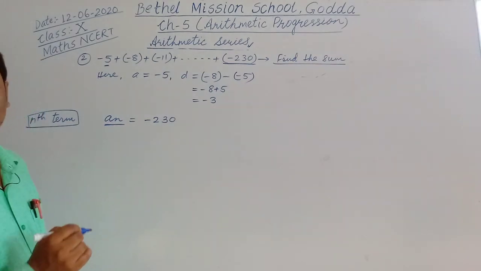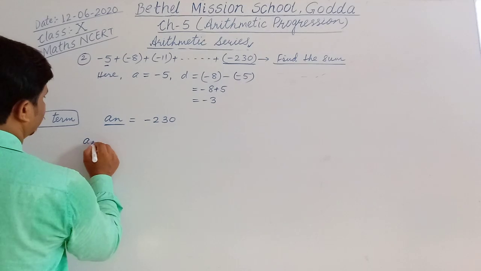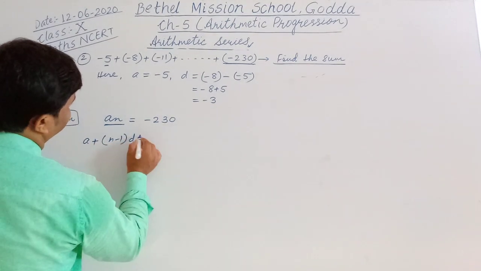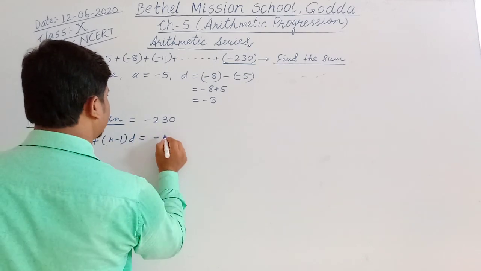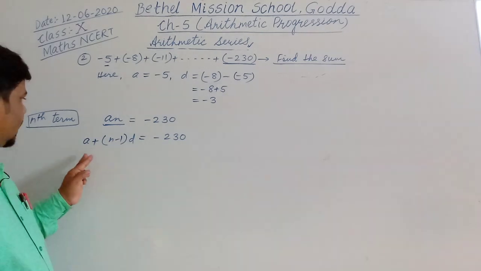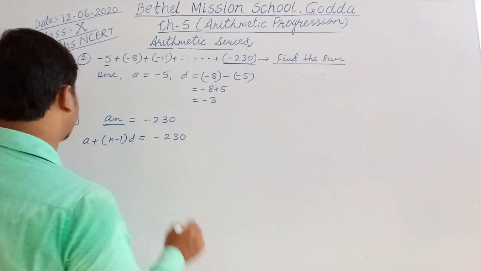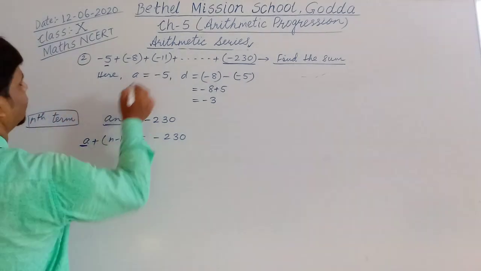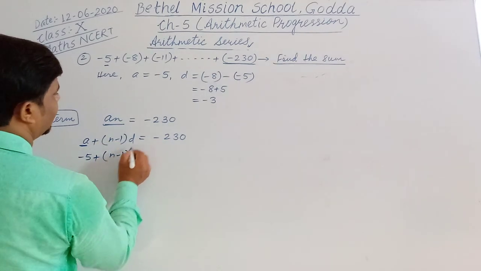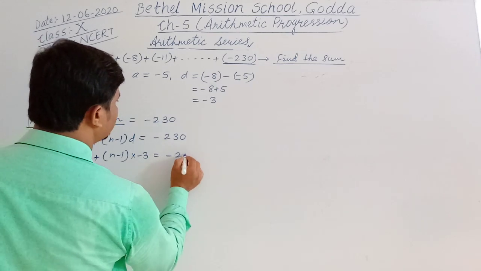You know that the general form of an is a plus n minus 1 into d, equal to -230. The first term a is -5, plus n minus 1, and d is also given, -3, equal to -230.